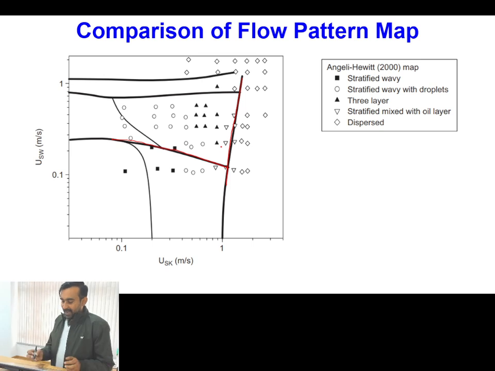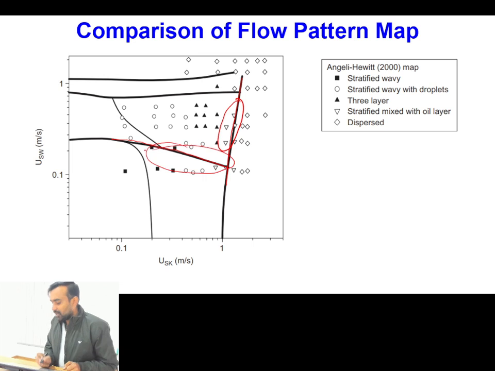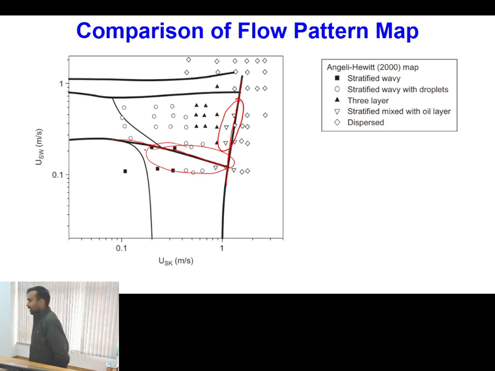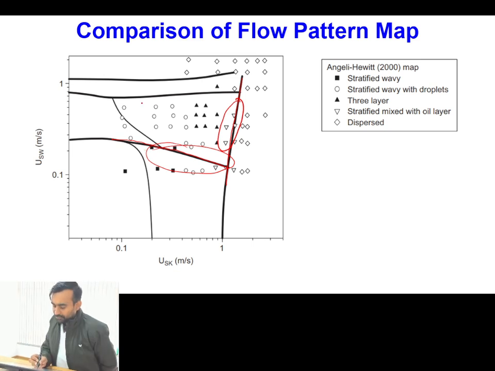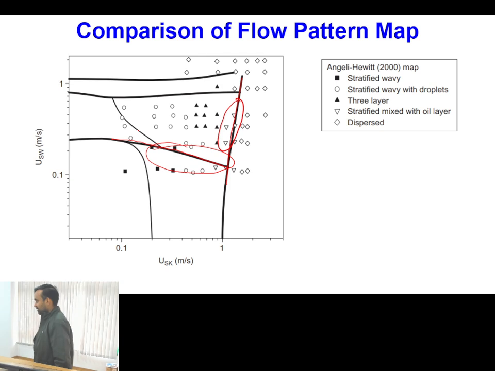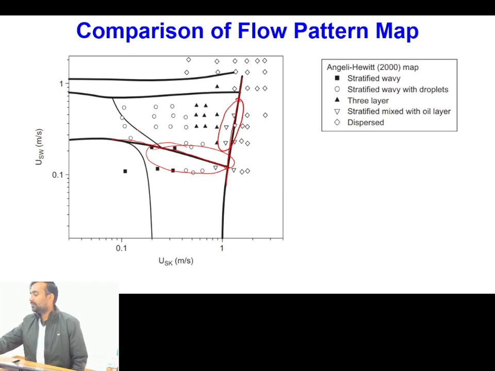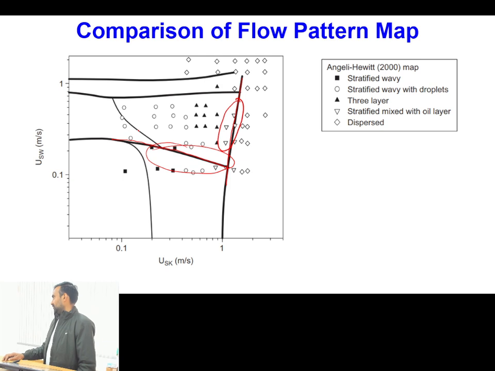So though it is able to give you a better idea, typically near the transition zone you may have some overlap of data between the different patterns. Is this not clear? However, in most of the bulk portion of the flow regime, the analysis of the signal, the way it was done in the previous discussion, is able to give you the idea of the flow pattern present in the system.